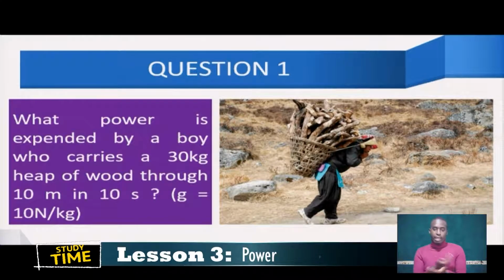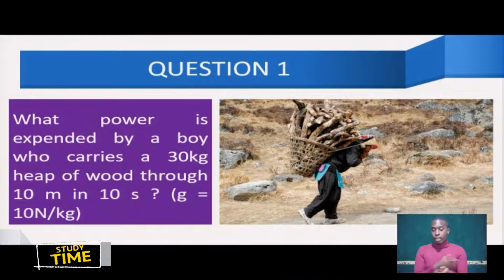So again, you remember power is equal to work done over what? Over time. But work done itself is equal to force times what? Distance. So we shall divide this by time. But because this boy is carrying some heavy load, that force is going to be equal to the weight. And weight is going to be equal to mg.